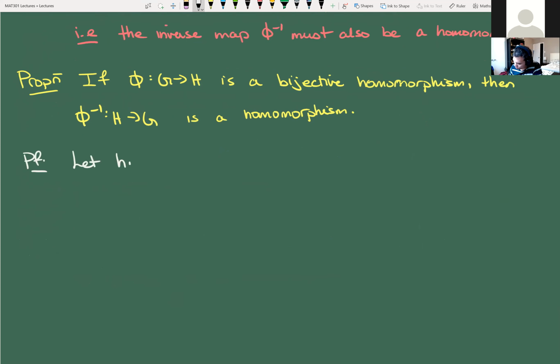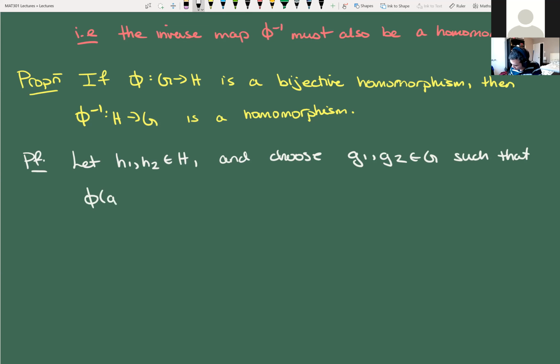So let's say let H1 and H2 be elements of H. Now, since phi is a bijective homomorphism, it's surjective, so we can find elements which map to H1 and H2. And choose G1 and G2 in G such that phi of G1 equals H1, phi of G2 equals H2.